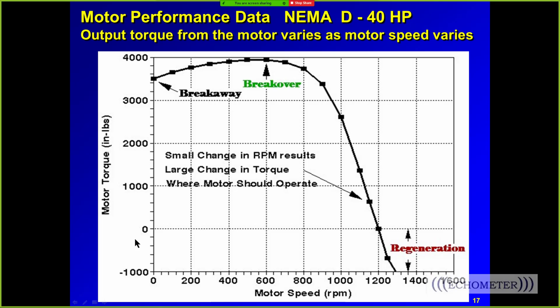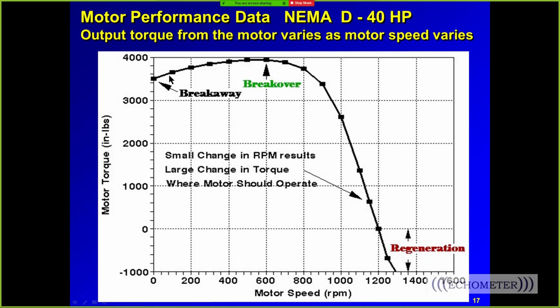And what it shows you is that when you first turn on the motor, this is torque, or KW, there's a thing called the breakaway horsepower or breakaway torque. And the motor quickly, this doesn't show time, but it goes from 0 to 600 and faster RPM, quickly speeds up.